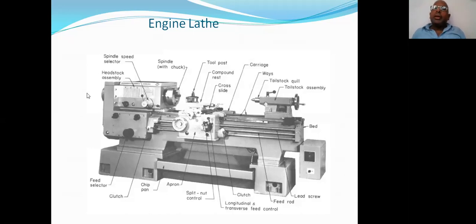Now we discuss what is the special application or purpose of this engine lathe. Why is the speed lathe not used for all components? Just now we discussed it can be used only for small components and simple operations. If the component is larger, it is not usable, or if it requires a complicated application like thread cutting or knurling, then the speed lathe is not useful.